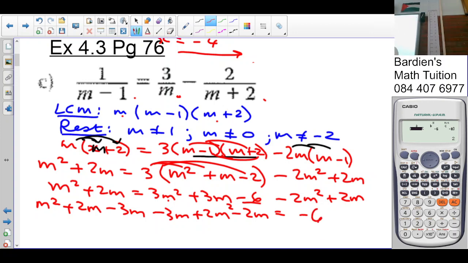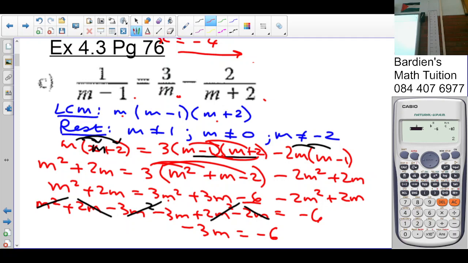Okay, that's how many? 3m squared. Okay. So m squared minus 3m squared, thank you, is negative 2m squared, plus 2m squared is 0. So 2m minus 2m is 0, so I'm left with negative 3m is equal to negative 6.